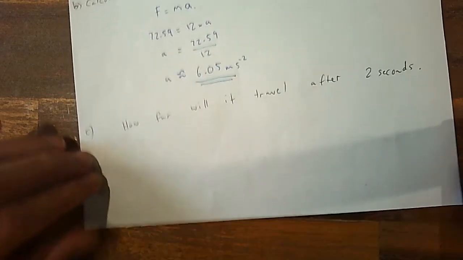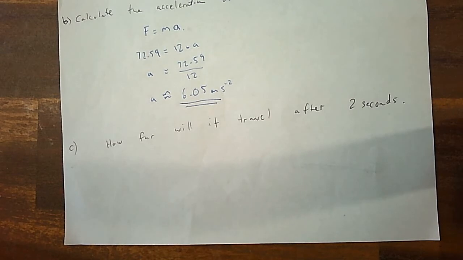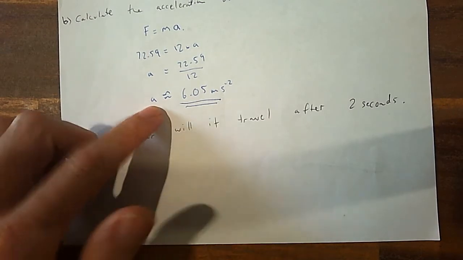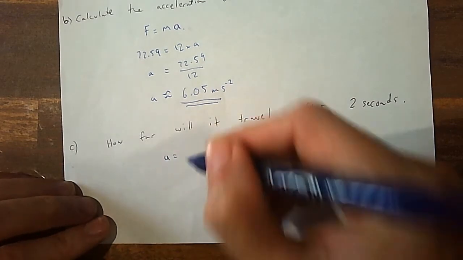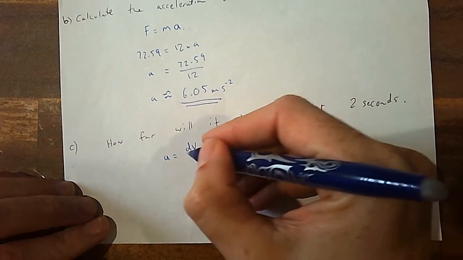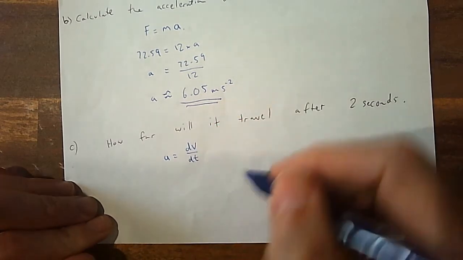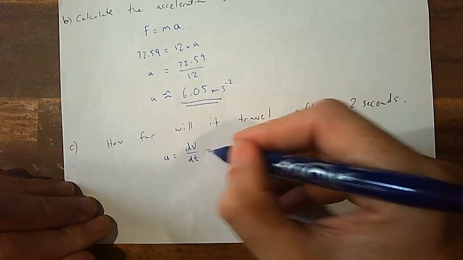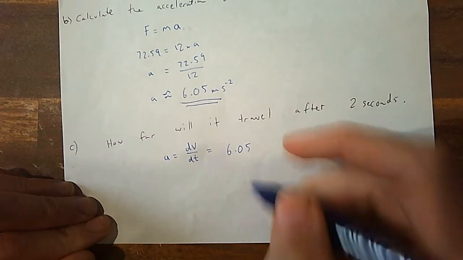Next one: how far will it travel after 2 seconds? We're really looking for the distance travelled. We've got acceleration, but we don't have the distance. We know that a is equal to dv/dt. So this dv/dt is equal to the constant acceleration of 6.05.